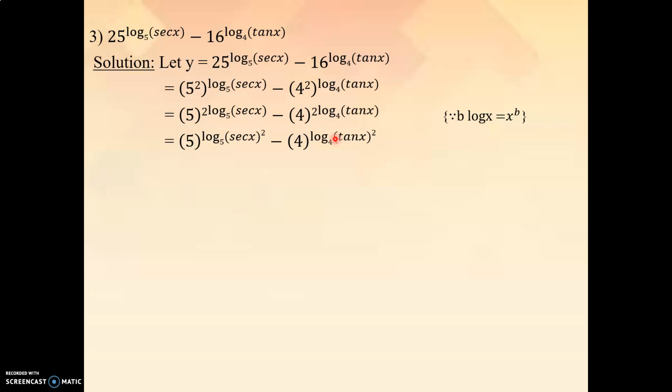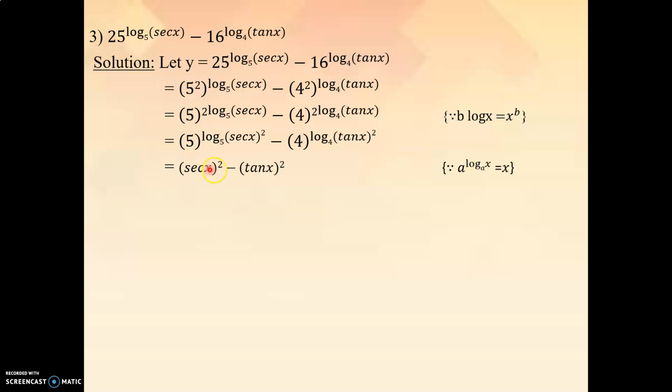Then we have one result: a raised to log x to the base a, if the base and the other function's base a are both the same, then this becomes x. Then only we can remove this, and here logarithmic and exponential functions are coming. That's why we are getting x as the answer.